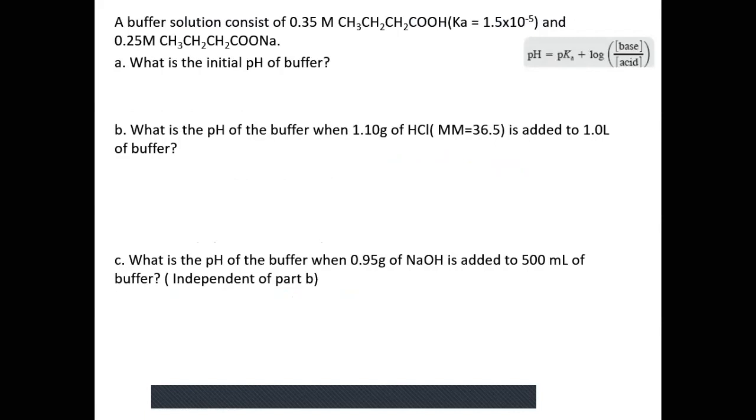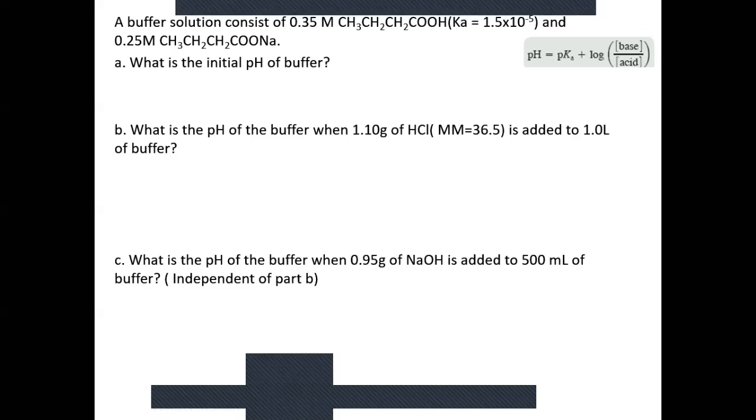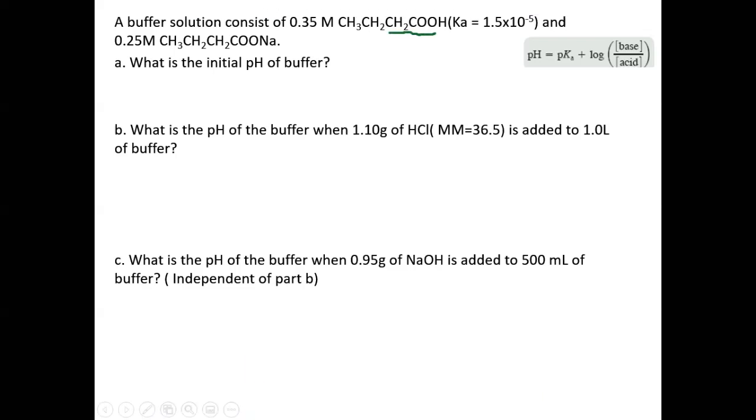The base is typically the one with the group 1 cation, and the other one has the H. So again, this is the weak acid, this is the weak base. We have the Ka, but for Henderson-Hasselbalch, we need the pKa. So the first thing we need to do is determine the pKa. So the pKa is 4.82.